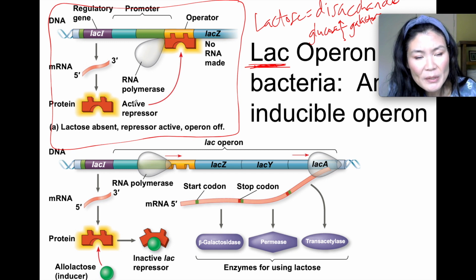And so what's happening when it's shut down is that the repressor is active all by itself. By itself alone, the repressor is active. It will bind to the operator. It's now off.